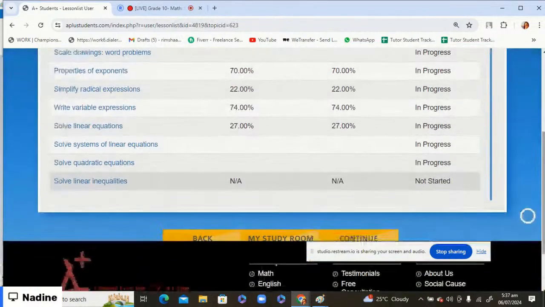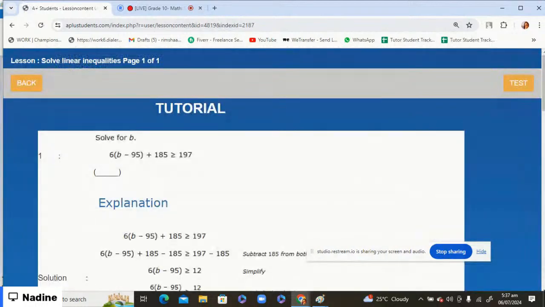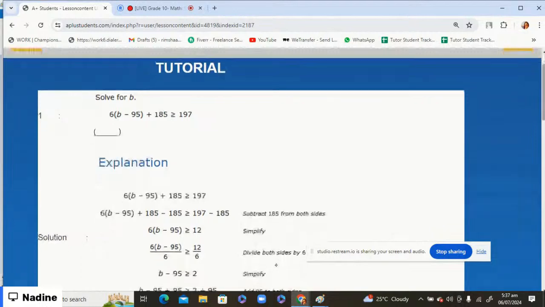Solve linear inequalities, the last lesson of that chapter. So for now, how to solve this one?